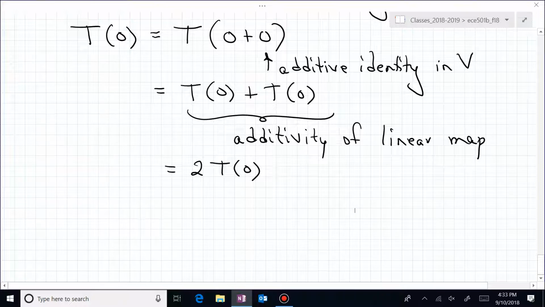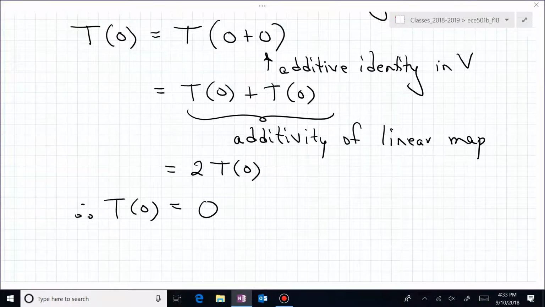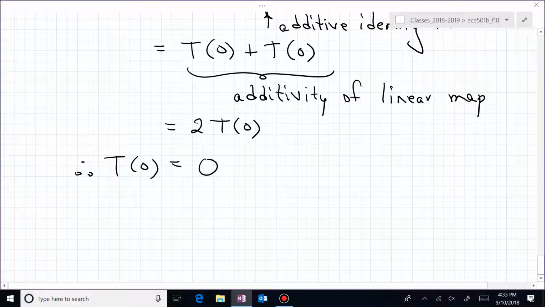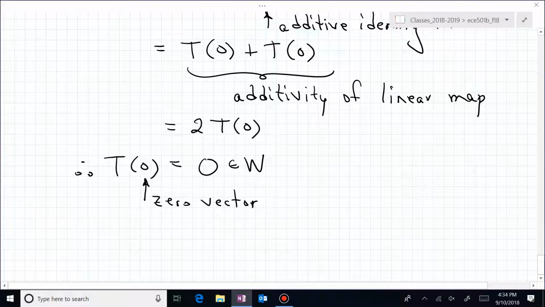How does that happen? Only when it's equal to 0, right? So we have something equal to 2 times that something. Well, when is that true? When that something is 0. So now we've shown that T of 0 is equal to 0, where this 0 is an element in the codomain W. This is the 0 vector. Where does it live?